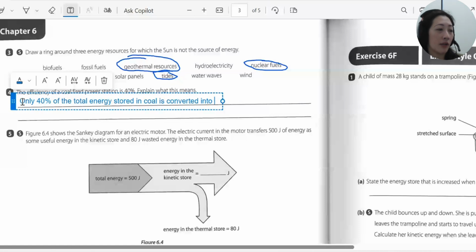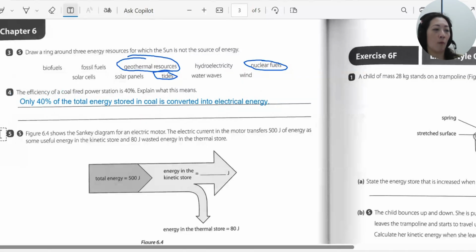But because they've already mentioned specifically this is a power station, the useful form, of course, is electrical energy, right? Because the coal-fired power station is to generate power, so it's converted into electrical energy. So that's how you can explain what this means.